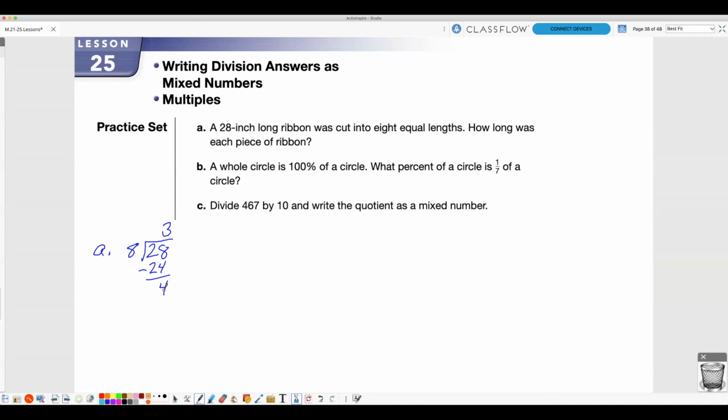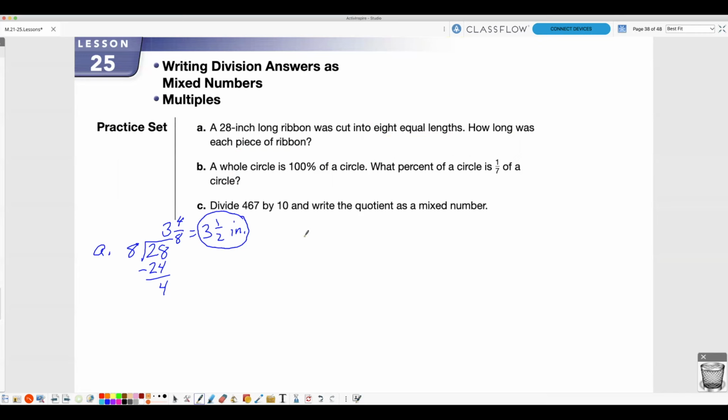This would be 4 as the remainder, but I'm going to put that over 8. And I have to recognize something here. This 4/8 is the same as 0.5. So that whole number I need to keep it there and bring it over, and then I'm going to label it. It's in inches. 3.5 inches is how long each piece would be.